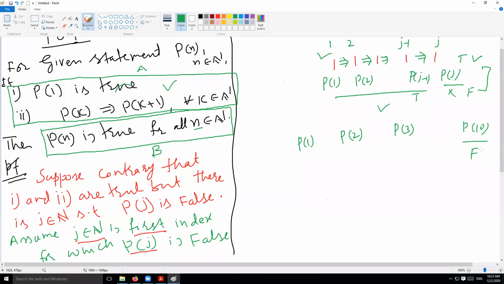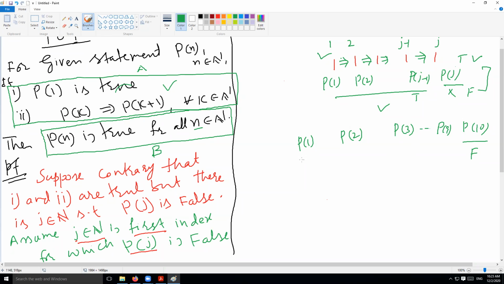The 10th statement is the statement which is false actually. The 10th statement is the first statement which is false.